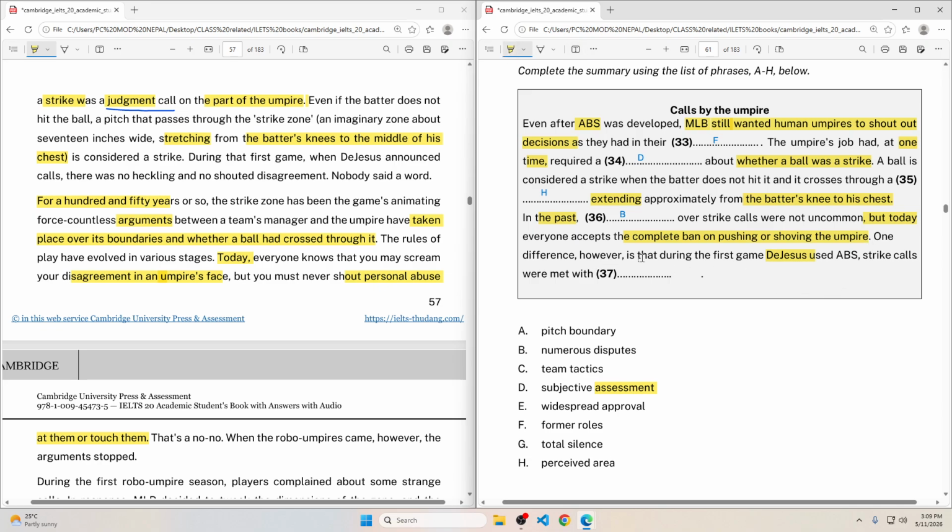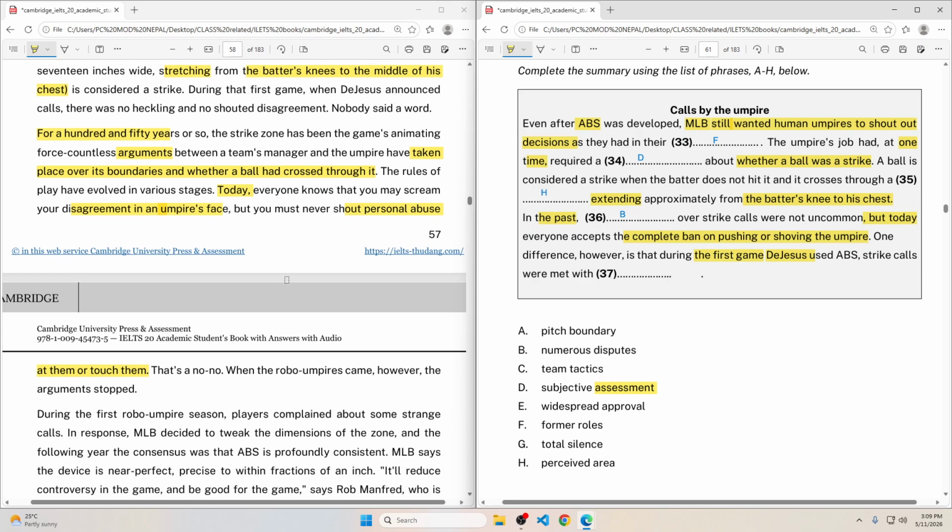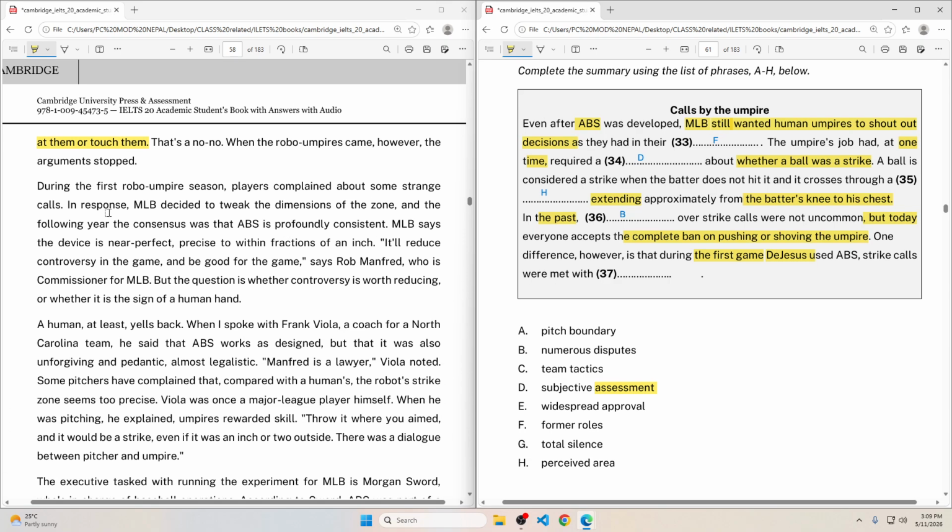Let's look at the last question. One difference, however, is that during the first robo umpire season, games that used ABS, strike calls were met with.